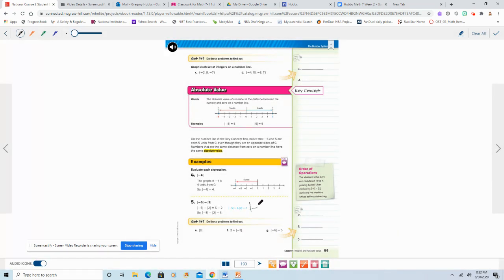The absolute value of negative 5 minus the absolute value of 2. Well, I know the absolute value of negative 5 is positive 5, because we know the absolute value of anything is positive. 5 minus the absolute value of positive 2, which is positive 2. 5 minus 2 equals 3.